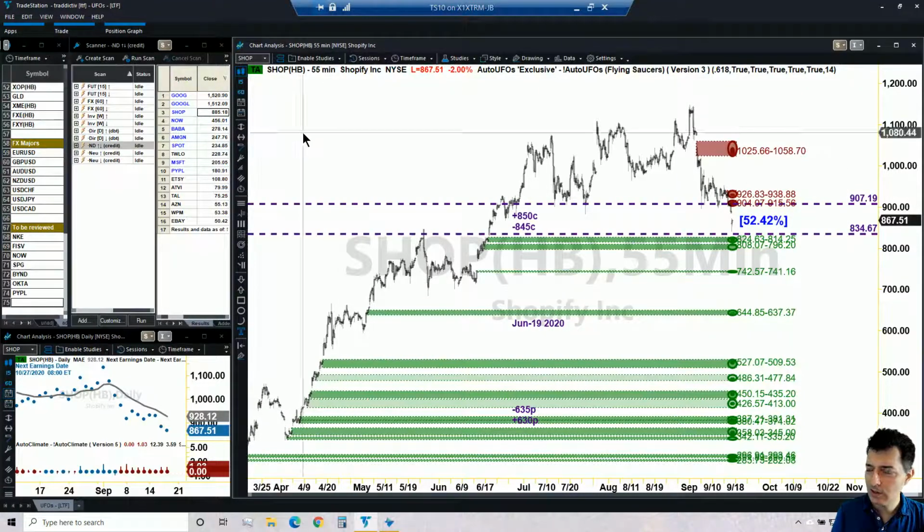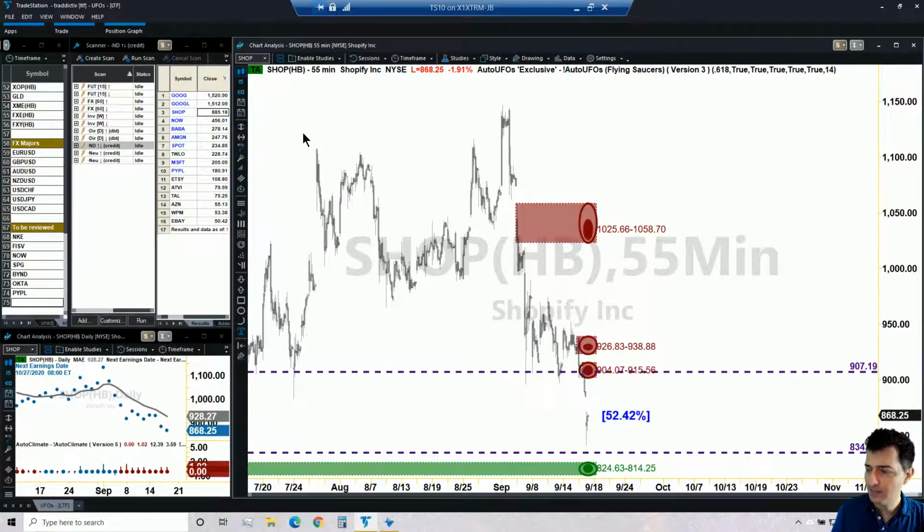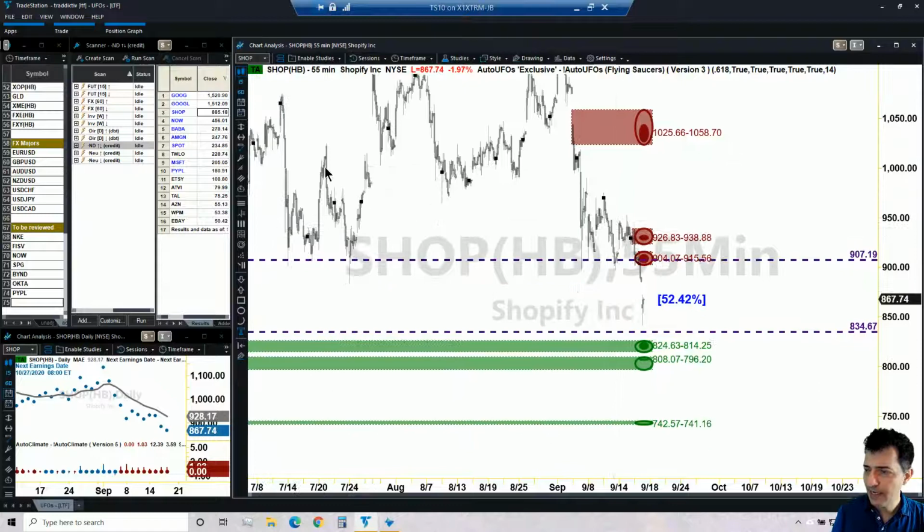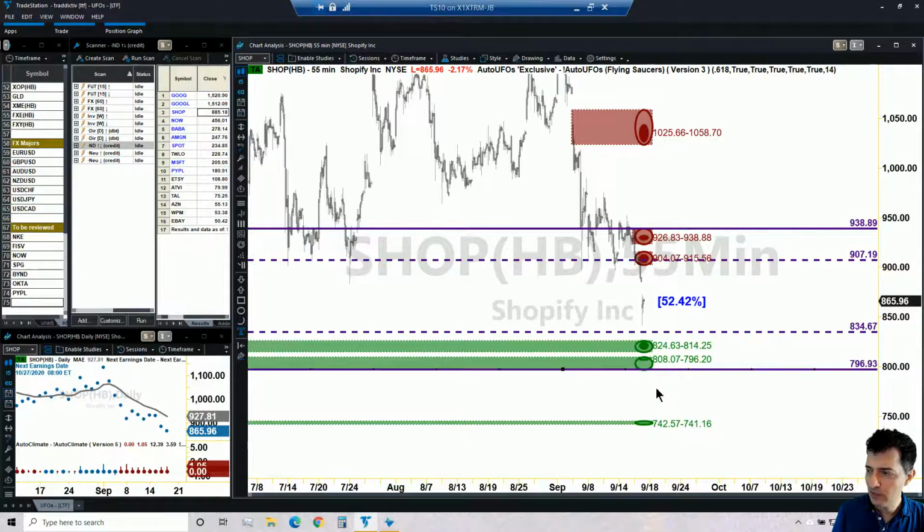So in other words, I could go ahead and say, okay, so I got 2 UFOs above and I got 2 UFOs below. So if I draw my line here and I draw my line there, and I expect from today until tomorrow that Shopify will stay within the range, I would say that's probably a very high probability trade. It's looking very good to me.